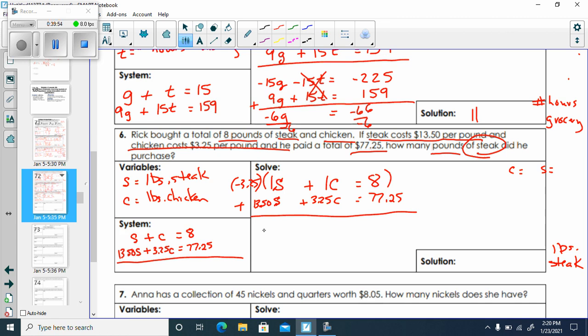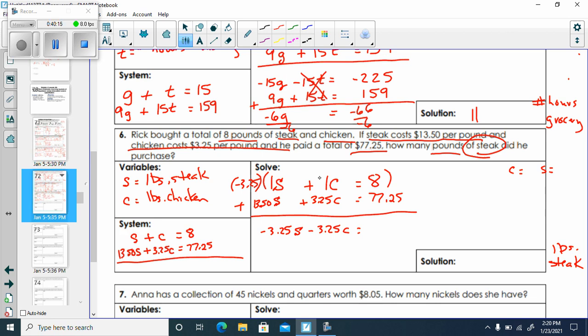Okay. Our equation will be negative 3.25 times S plus negative 3.25c, or you can say minus 3.25c, equals negative 3.25 times 8.